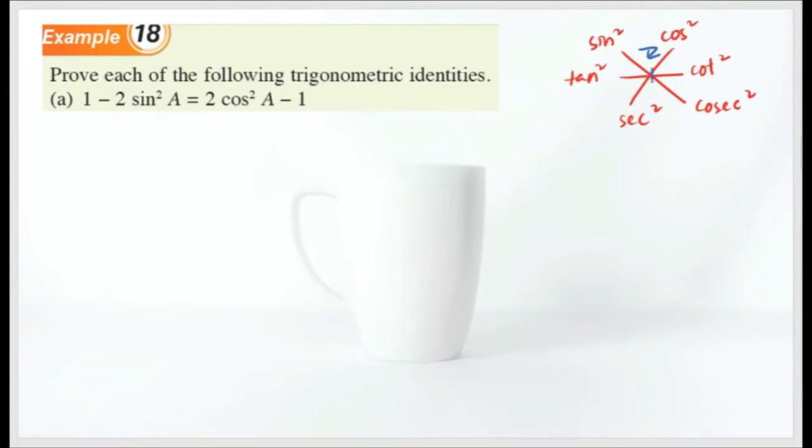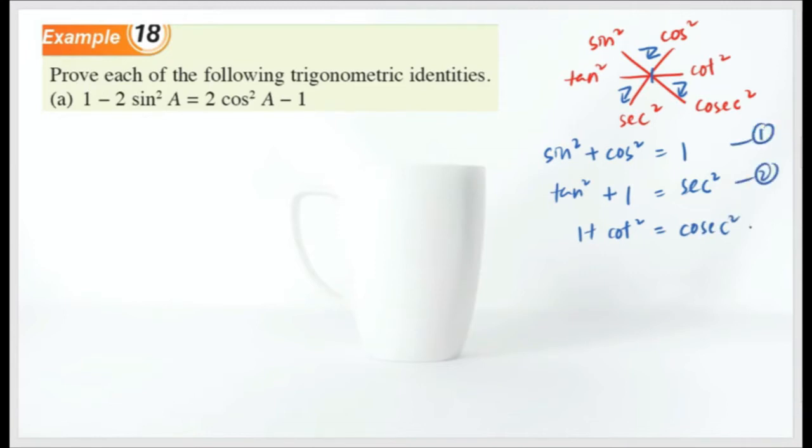The first one, with 1 in the center, is sine square theta plus cos square theta equal to 1. Remember the value inside is theta. The second one, tan square plus 1 equal to secant square. And the last one, 1 plus cotangent square equal to cosecant square. First, second, third.